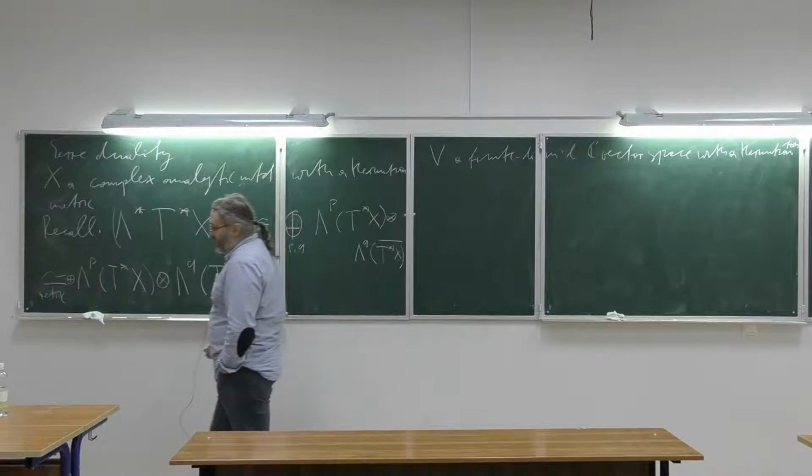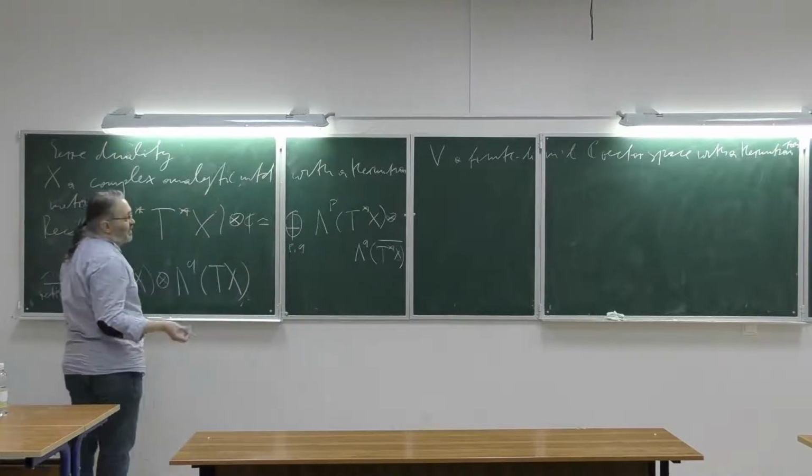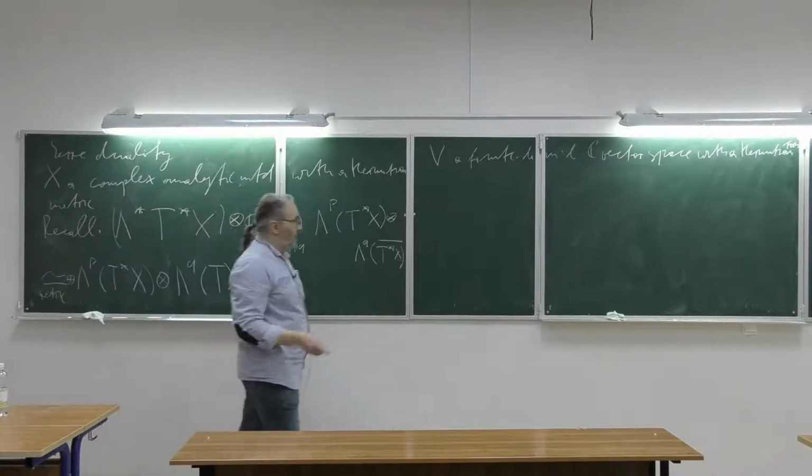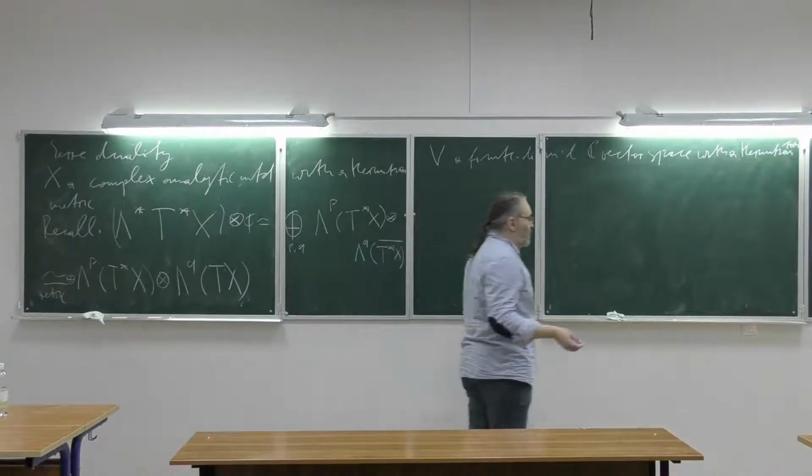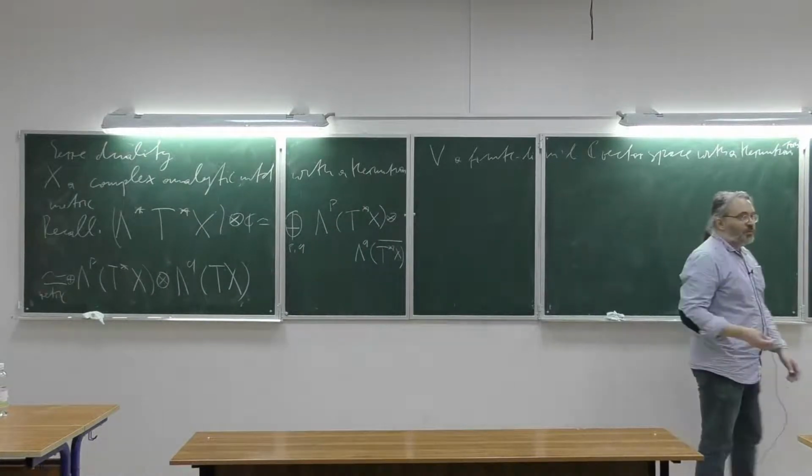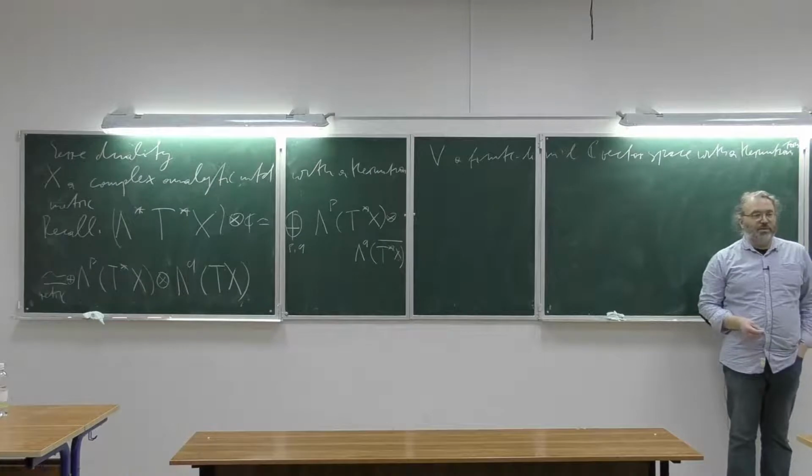Suppose we have a finite dimensional complex vector space with a Hermitian form. By the way, does everyone remember what a Hermitian form is?